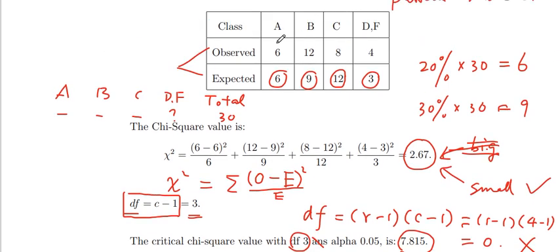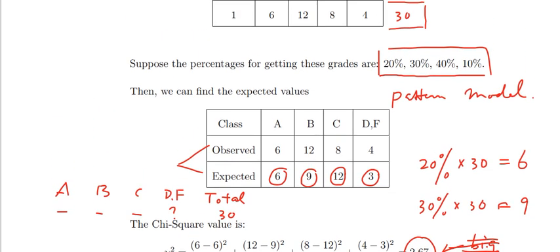This small number means the data and the supposed data, or the data and this assumption or model, match quite well. So I can say in our class, no grade inflation, it just matches this pattern or this model.